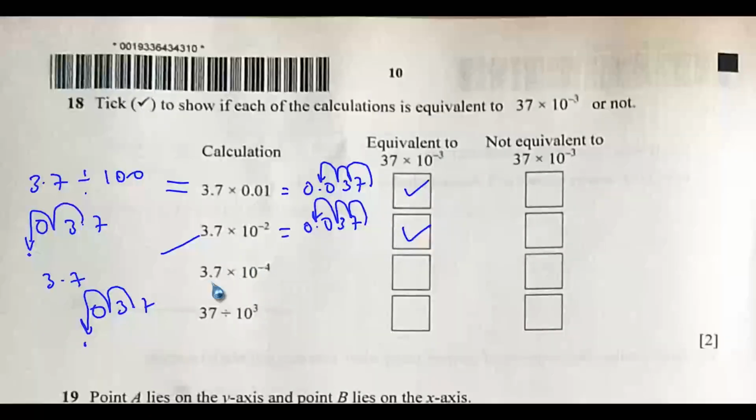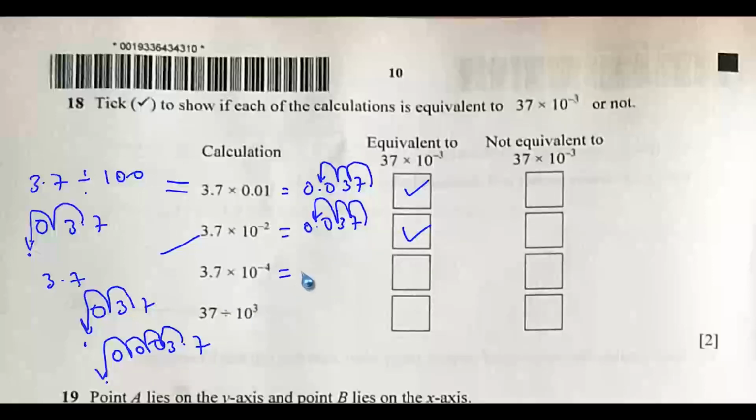And the third one, to write this one as ordinary form, you already know you have to shift the decimal point backward 4 times from here. 1, 2, 3, 4. Okay, so the decimal point is here. You have 0, 0, 0.